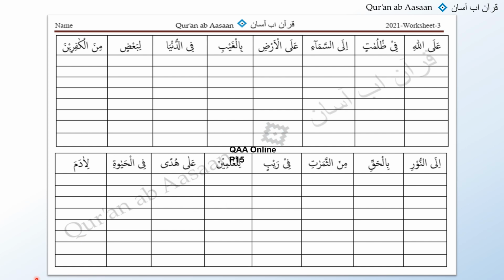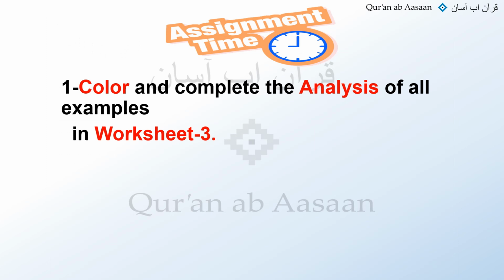It does not matter if you cannot identify the meanings of any of these nouns. The more important thing is to just understand how to analyze them, how to color them, how to dissect them properly, how to translate them properly. You can just use the same word, okay? And I'll also be sending you some meanings in the group. So don't stress about the meanings, all right?